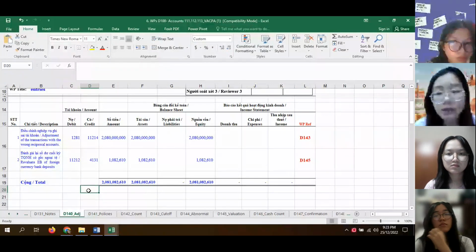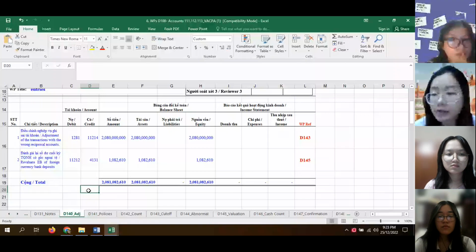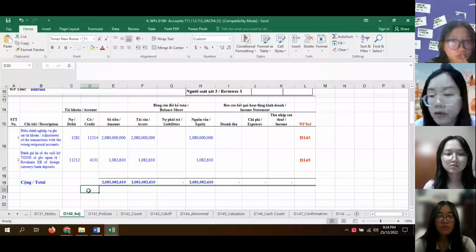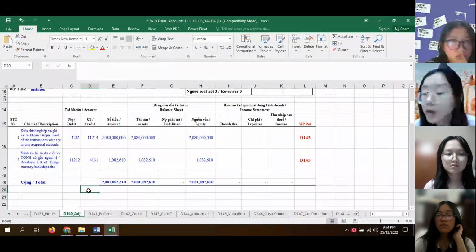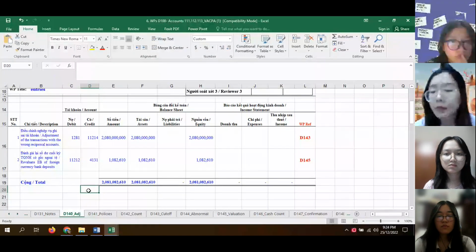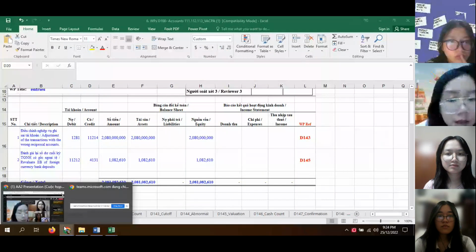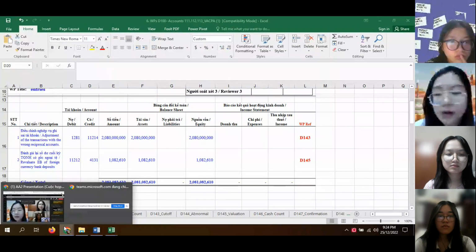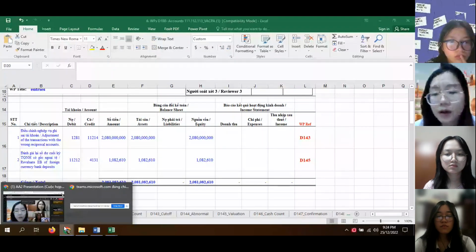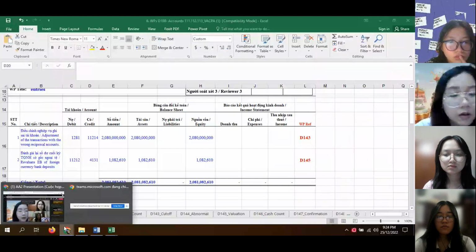So we just give our opinion to the company so that the company will change the account, approve or not approve our requirement, but I think that the company will approve. And in the case the company approves our requirement to change these two balances, we just agree with the financial statement.